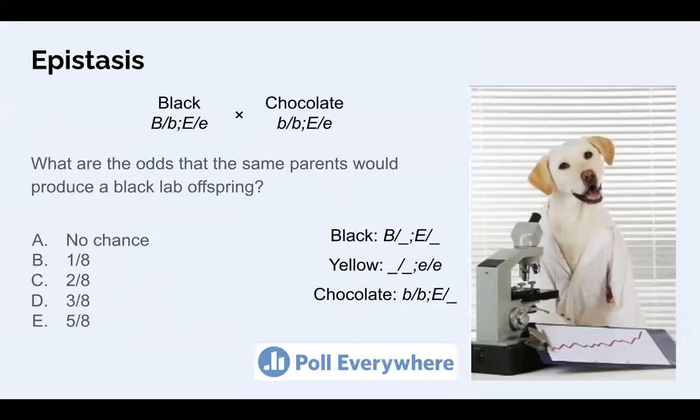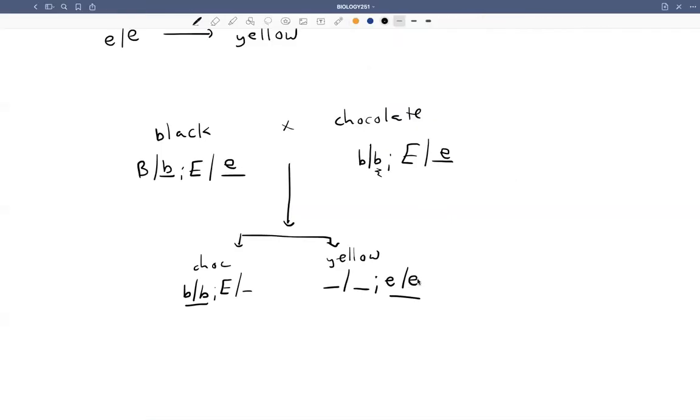So here's another question. What are the odds that the same parents would produce a black lab offspring? Can these parents produce a black lab offspring? Let's see if we can figure out their gametes. So we could do a gamete square.